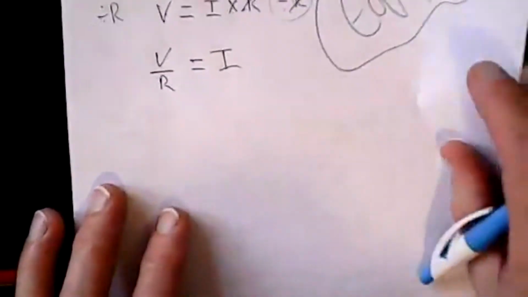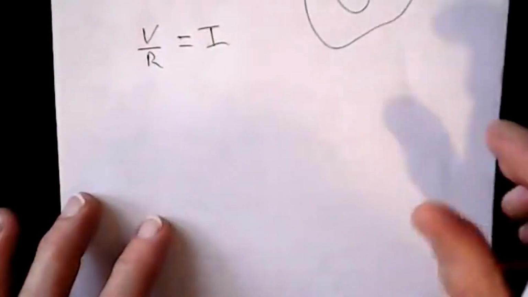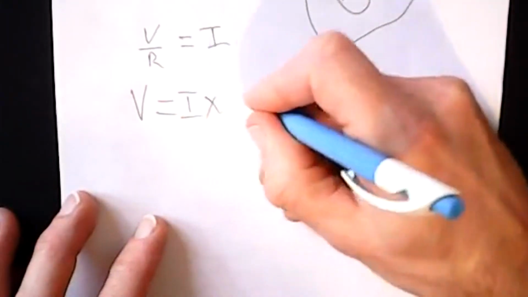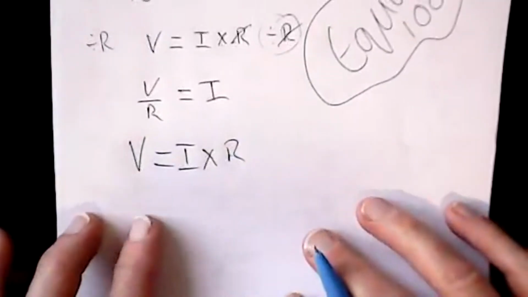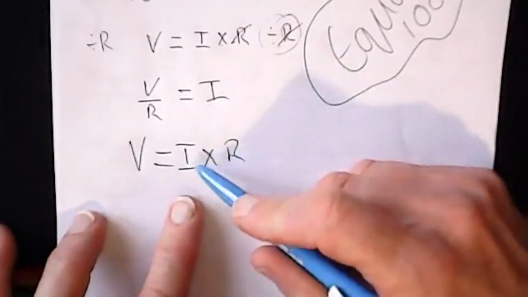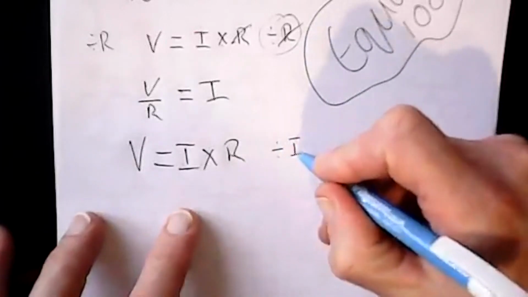Now let's go back and find the R as well, because that was part of the question. Go back to the original equation. It's exactly the same process as what we just learnt. We want R on its own, so I've got a times by an I, so I've got to do a divide by an I on that side.